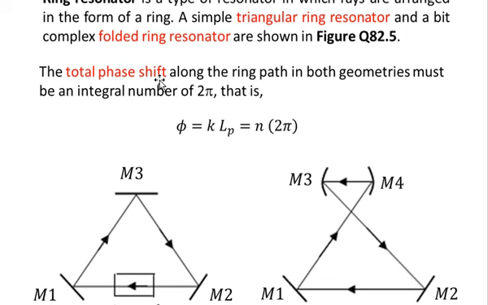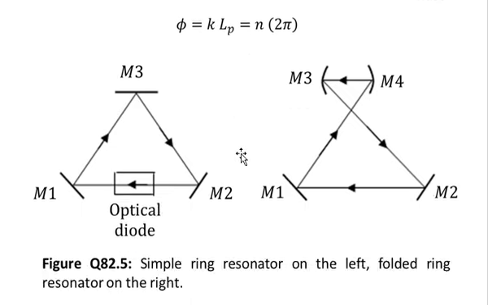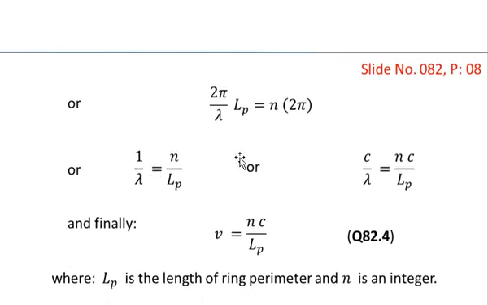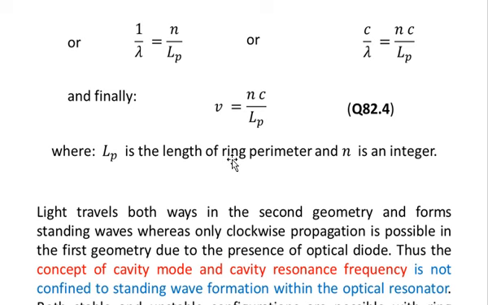The total phase shift along the ring path in both geometries must be an integral number of 2 pi. Phi is the phase that the light will undergo in one pass. Phi is equal to k times Lp. K is the wave number, and Lp is the length of the ring perimeter.